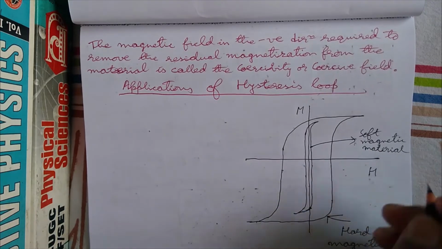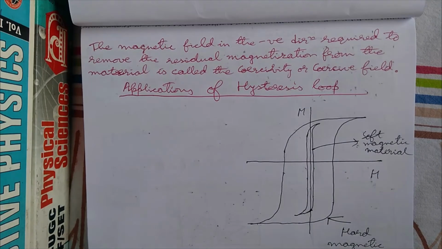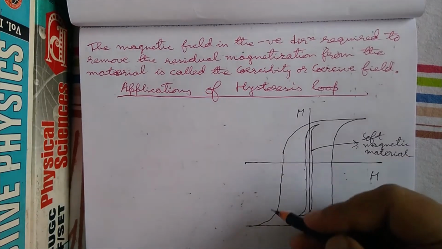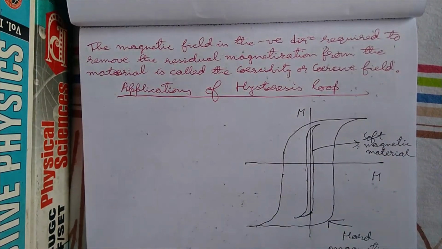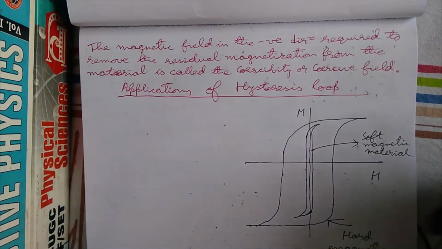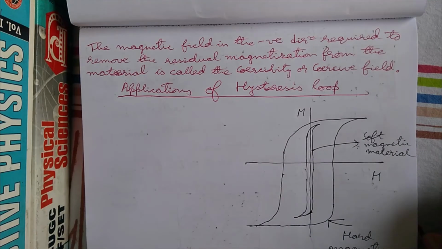So based on the area of the hysteresis loop, magnetic materials are classified into two types. The area of the hysteresis loop which is very big, those are called hard magnetic material. And the area of the hysteresis loop which is very small, those are called soft magnetic material. So where are these materials used?